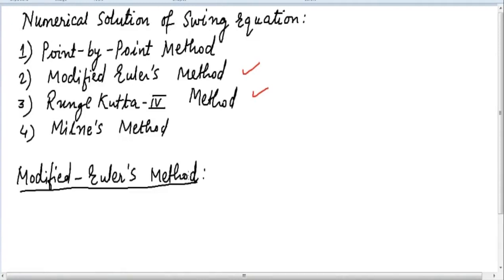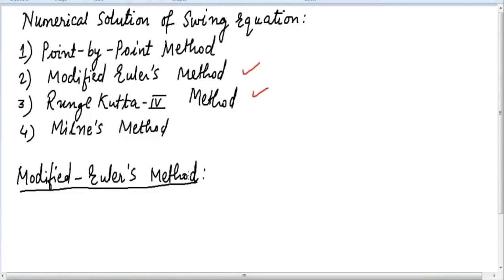The swing equation we just saw: M d square delta by dt square is equal to Pm minus Pe, that is equal to Pa. This equation we have to solve, and it can be solved by various methods: point by point method, modified Euler's method, Runge-Kutta 4 method, Milne's method.